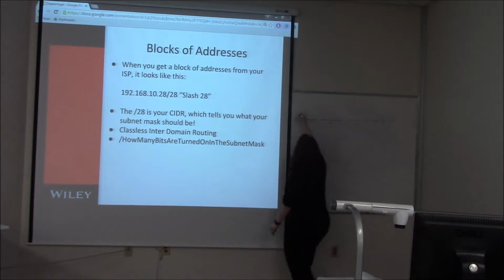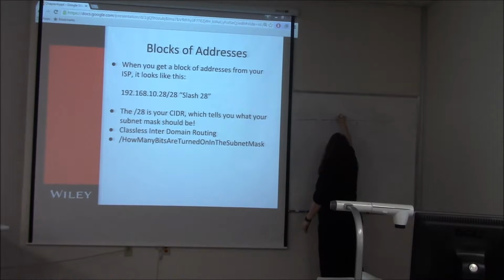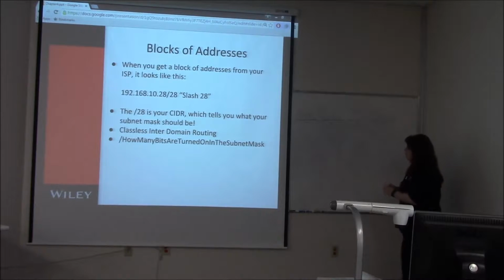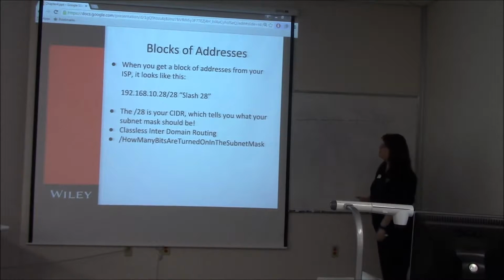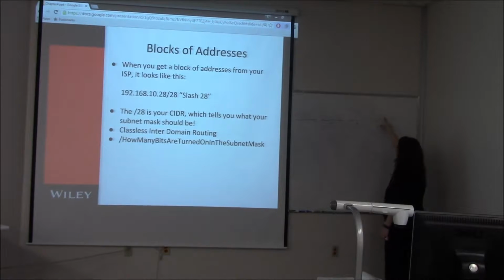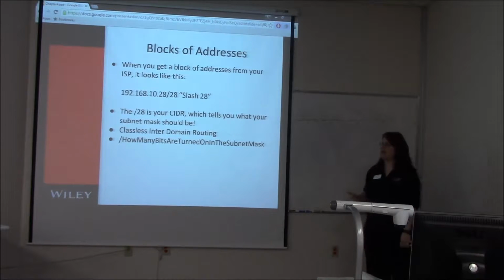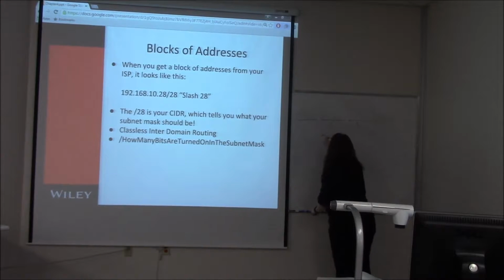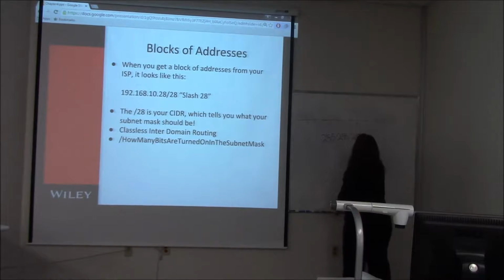So if I wrote this out, where my 28 bits are, my /28, I have 8, 16, 24, 25, 26, 27, 28. So my subnet mask that matches a /28, here's where we pull out our binary, would be 255.255.255.